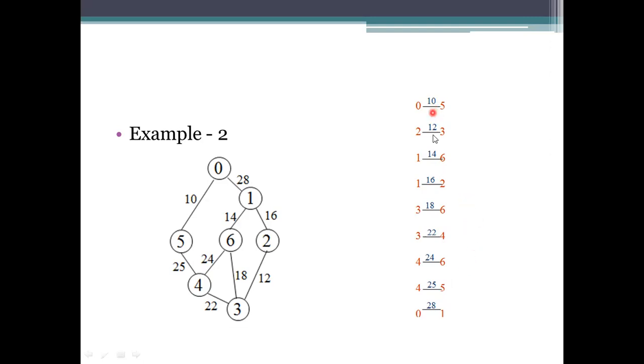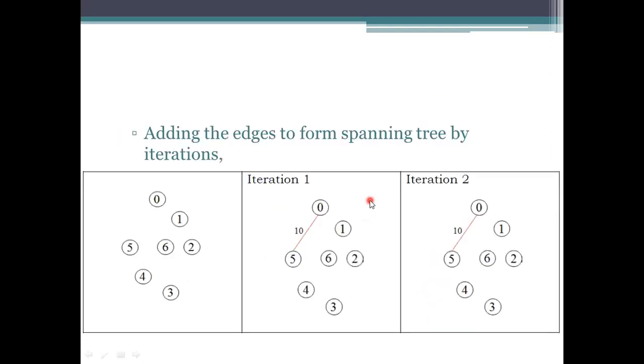Simply we are plotting the edges, for example between 0 and 5, and the edge weight is 10. By the iterations we are forming a spanning tree. So here first plot the vertices.